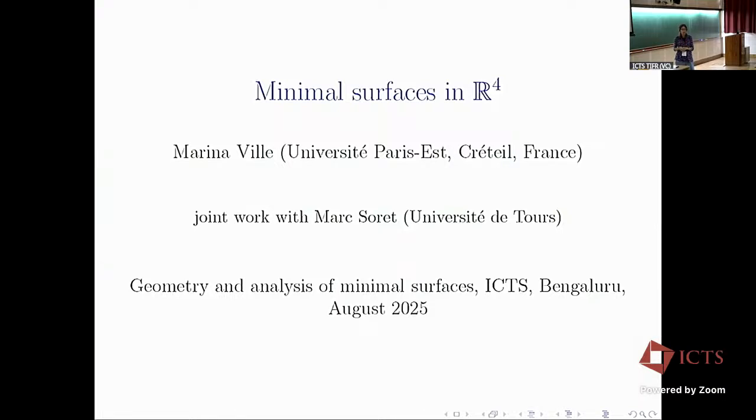Also, like in Paris, where I lived for years, everyone but me and Marc Sorem was doing minimal surfaces in H2 cross R. But somehow R4, which seems like a natural place to be, hasn't aroused so much interest. So one of the things I'd like to do is sort of advertise for R4, that it's really a nice place to spend one's time.